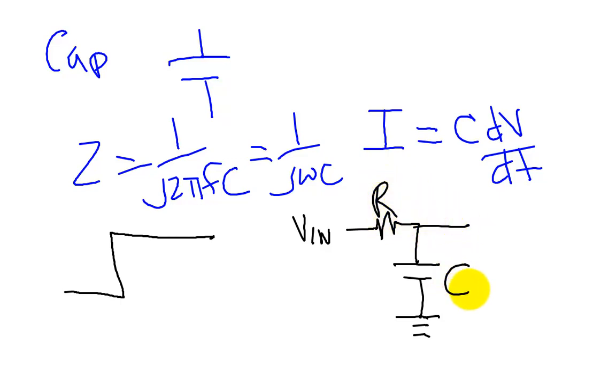Okay, I want the step response. If this is V in, what is V out? And this has to do with the time constant being RC. I could give you this one.